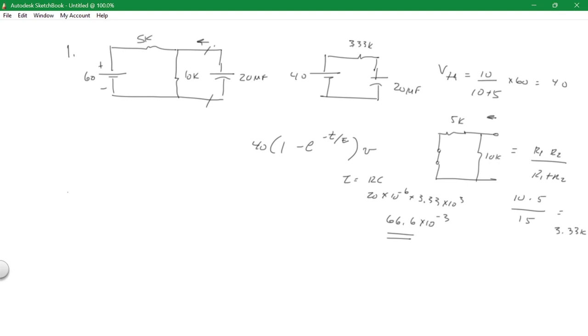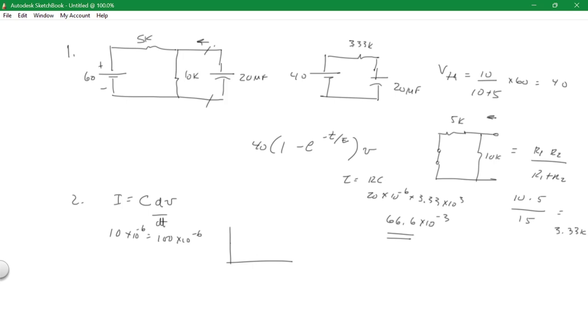Number two, I equals C dV over dt. So 10 times 10 to the minus 6 is equal to 100 times 10 to the minus 6 dV over dt.